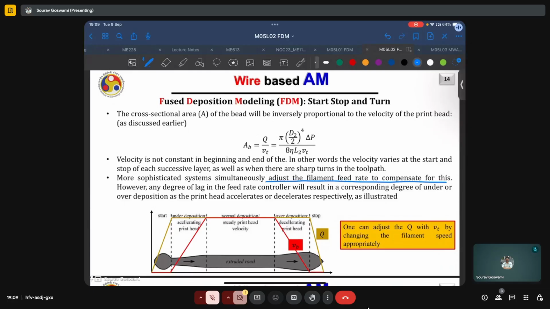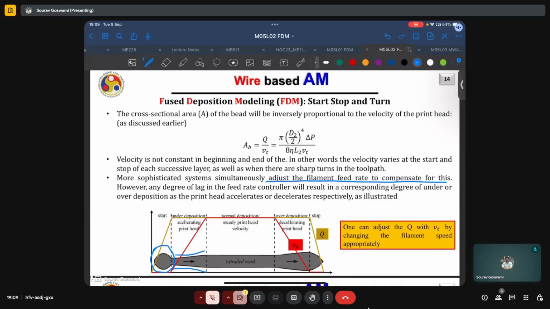Initially, the velocity is essentially zero, and even then, since our material is getting melted and released from the orifice, there is some deposition. Then the velocity increases. Because of this, in the first region, we have this over deposition. Then the deposition rate becomes constant, but the velocity is increasing, which leads to an uneven cross section of deposition.